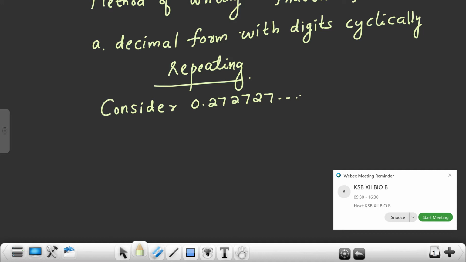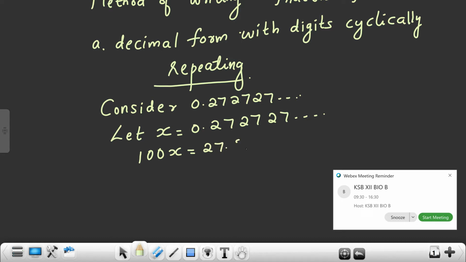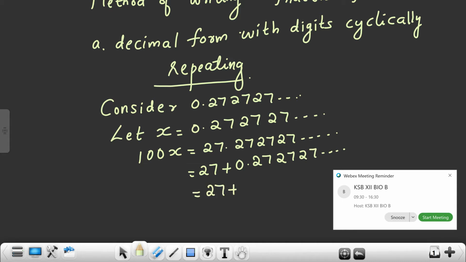Here 2 and 7 are cyclically repeating. In such cases, take the decimal number as h, that is, let h is equal to 0.272727, etc. Here 2 digits are repeating, so multiply by 100. 100h is equal to 27.272727, etc. Let's just split this, that is 27 plus 0.272727, etc. is equal to 27 plus, look at here, 0.2727 means what?